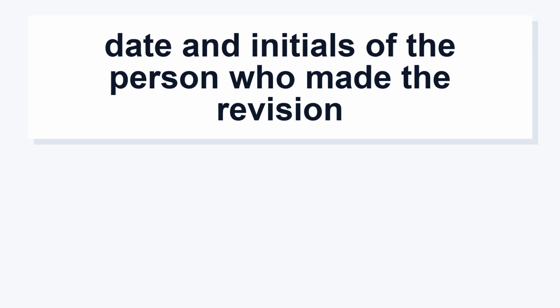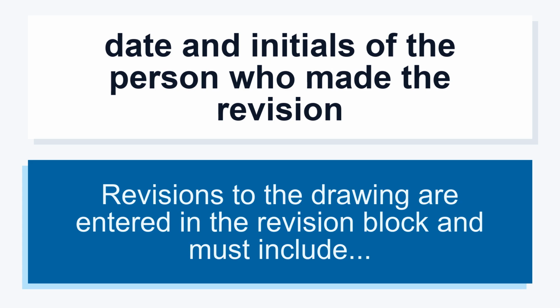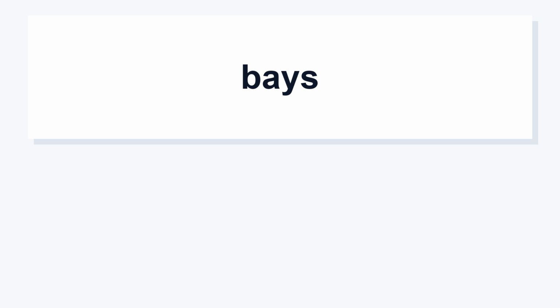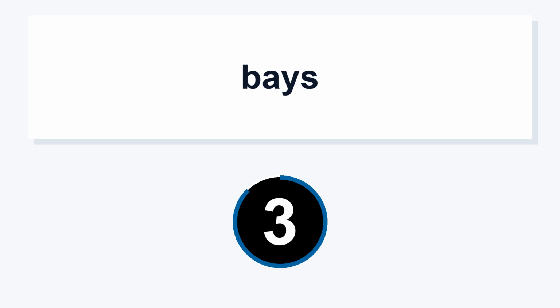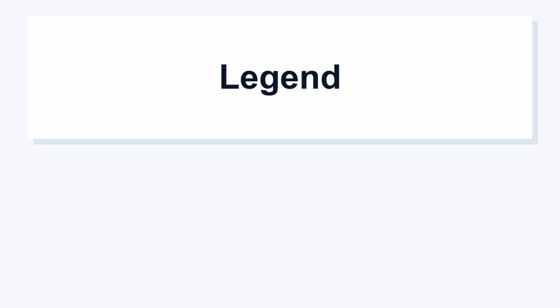Date and initials of the person who made the revision. Revisions to the drawing are entered in the revision block and must include the date and initials of the person who made the revision. On a grid line system, a grid divides the area into small parts called bays.